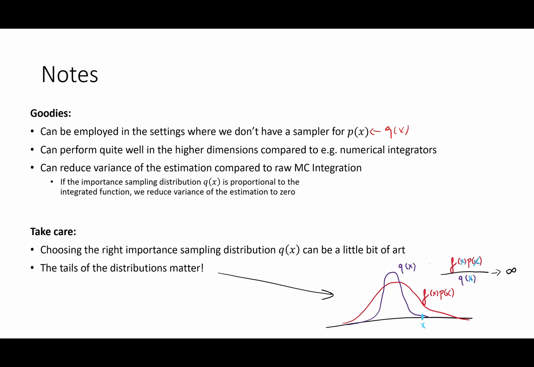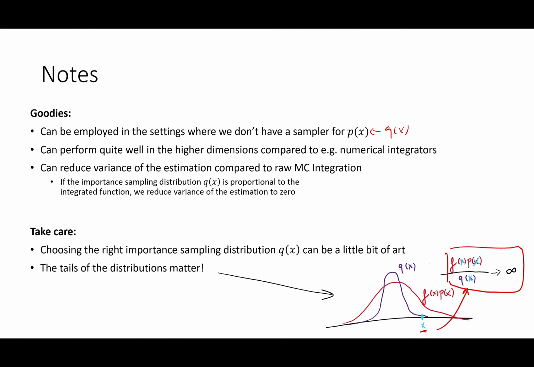And then last but not least, the tails of the distribution matter. To demonstrate this, let's assume the picture down here. If I sample some x from the Q of x, and the Q of x does have not so heavy tails, and I plug it into the fraction right here, I can see that if the x is on the right side of the tail of the Q of x, then the Q of x at this point will be very low.